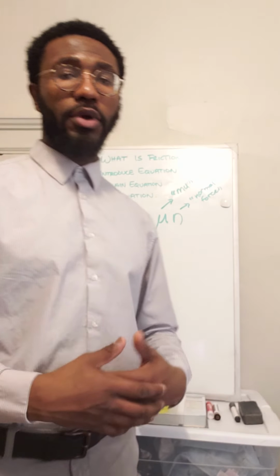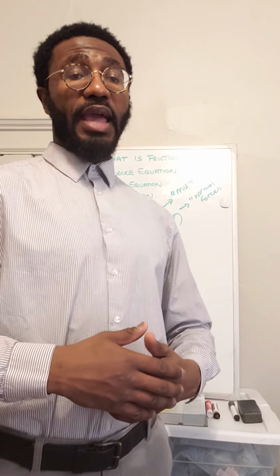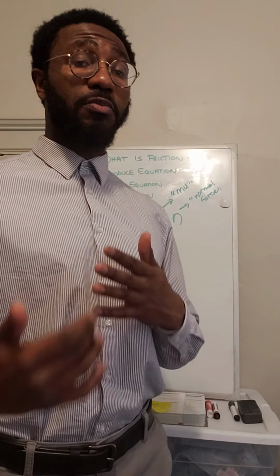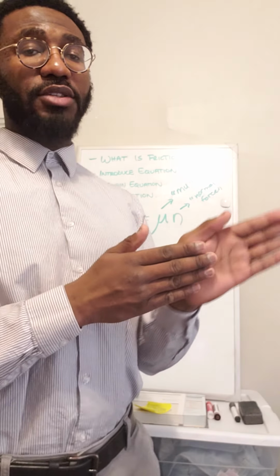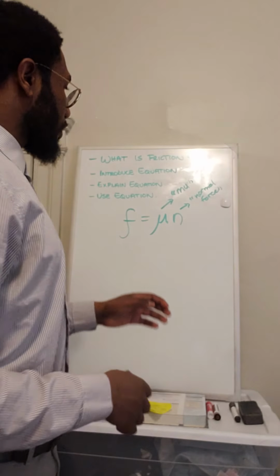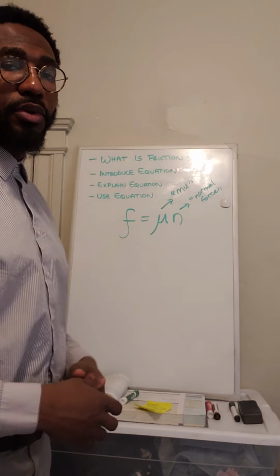So the friction force is just like any other force. It has magnitude and direction. And friction is a little easier to work with because it always opposes and resists motion. So if an object has a force moving it this way, friction is always going to be working in the opposite direction.